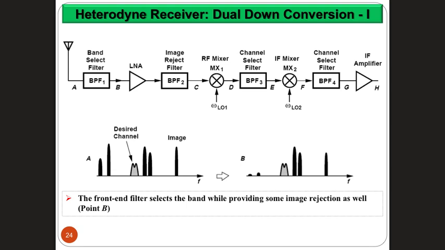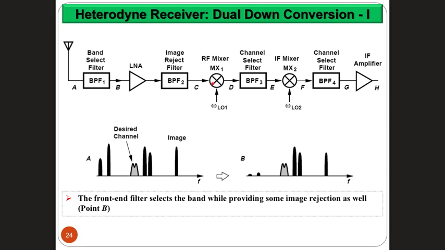Now another thing is heterodyne receivers, they can actually come in multiple stages, so it doesn't have to be a first stage and then after that you go to zero or you go to the baseband. It can come actually in multiple stages. The most common one is a dual stage heterodyne receiver. So you have your signal coming from here, goes through the band selection filter, low noise amplifier, band pass filter for image rejection.